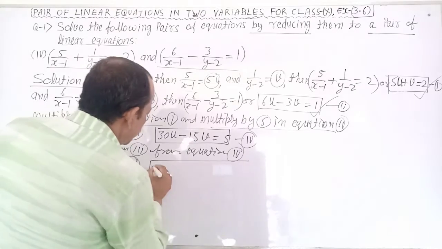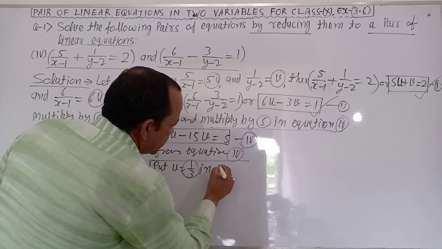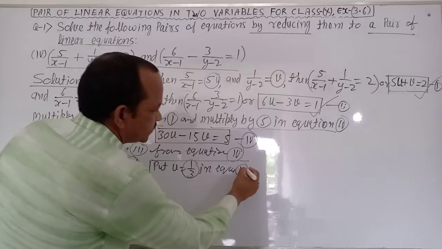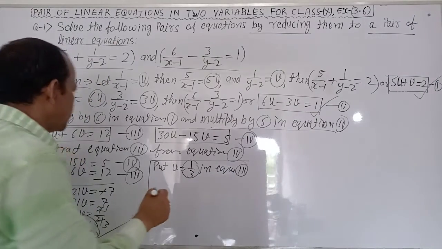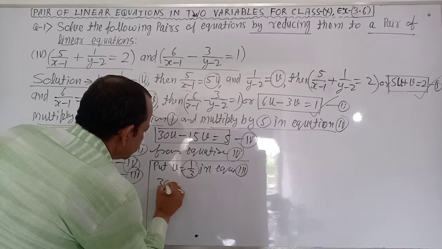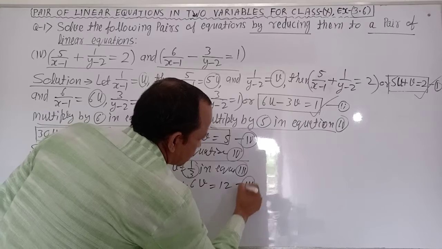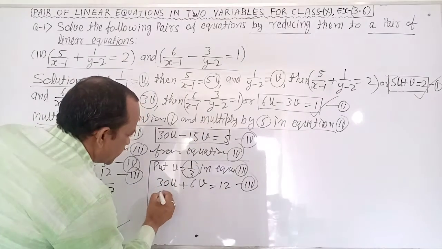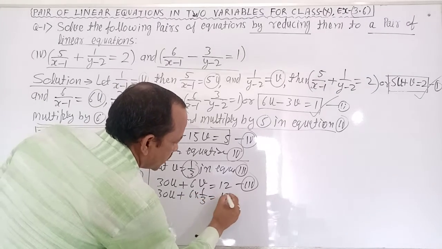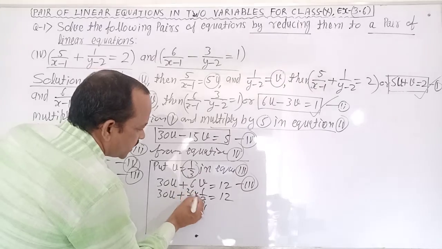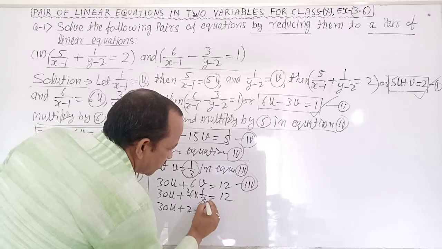Now put v equal to 1 by 3 in equation third. Equation third is 30u plus 6v equal to 12. Put v equal to 1 by 3: 30u plus 6 multiply 1 by 3 equal to 12. You can cut 3 1 ja, 3 2 ja. It becomes 30u plus 2 equal to 12.